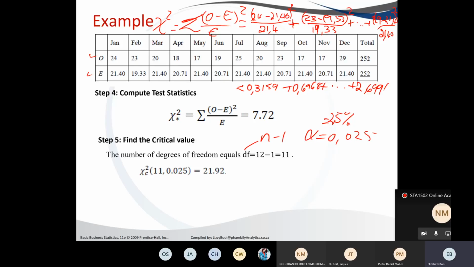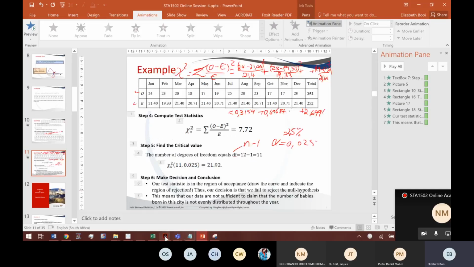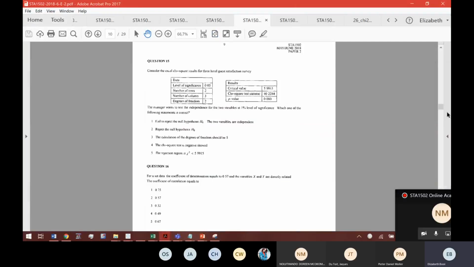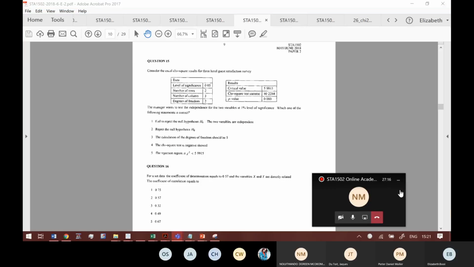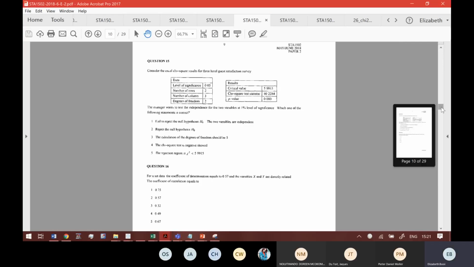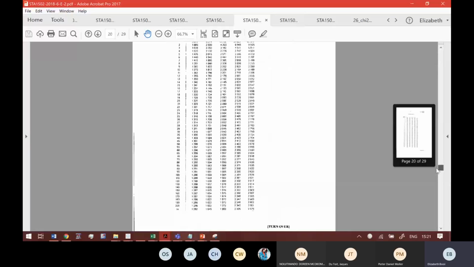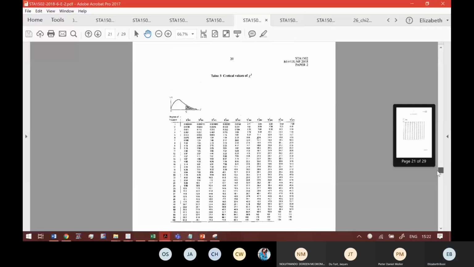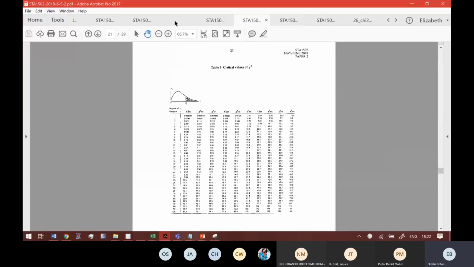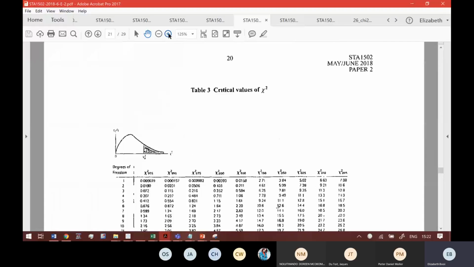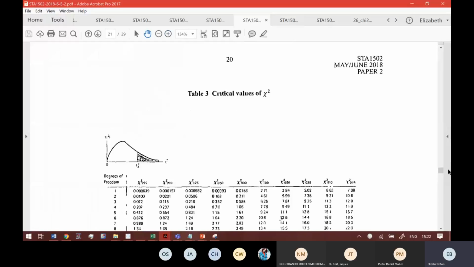So we go to one of the tables, and we look for a table called critical values of chi. And this is the table. I'm going to make it bigger so that we can all see it clearly.